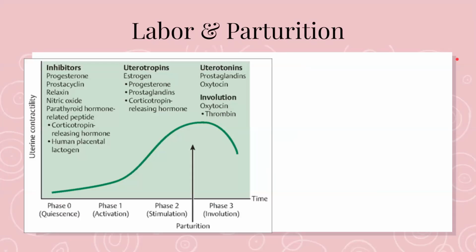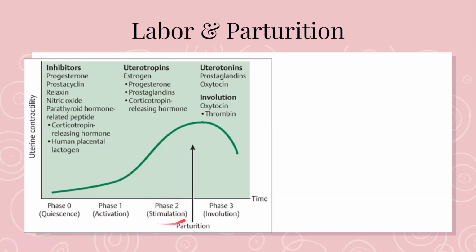There are different hormones that dominate different stages of pregnancy and labor. So phase 0 is when the uterus is quiet and not contracting, and this is during most of pregnancy, and progesterone is the major player here. Phase 1 is activation, and we'll talk about that in a minute, but that's as the uterus is becoming more able to have contractions that are regulated, and that is going to be driven largely by estrogen and to some degree prostaglandins.